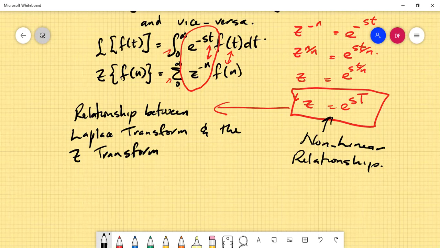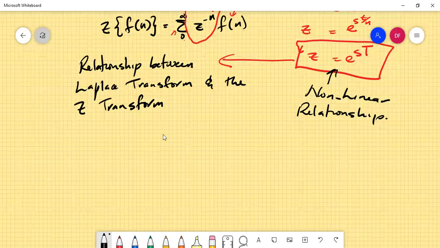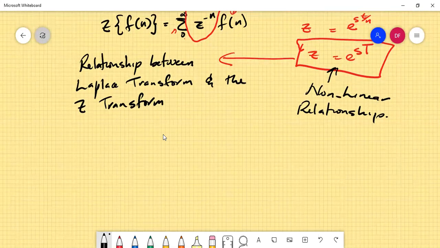So everything we do has to be linear. So what we have to do is linearize this relationship. If you have a relationship that is nonlinear, one of the things that you want to do is linearize it, straighten it out.